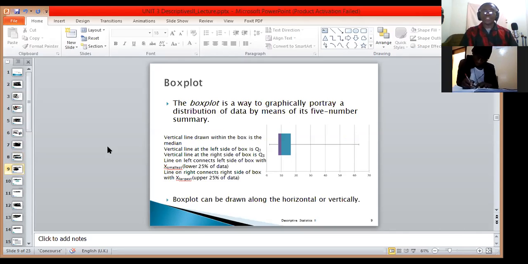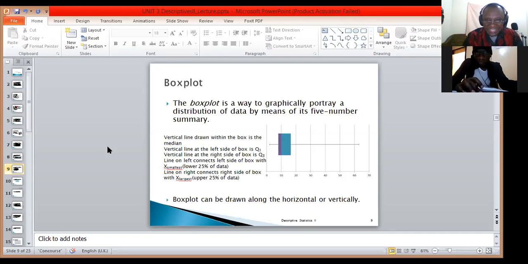If you are required to use a box plot to present your data, you have seen we have drawn these vertical lines where the data is lying: 0, 10, 20, 30, 40, 50, 60, 70. The vertical line drawn within the box is the median.